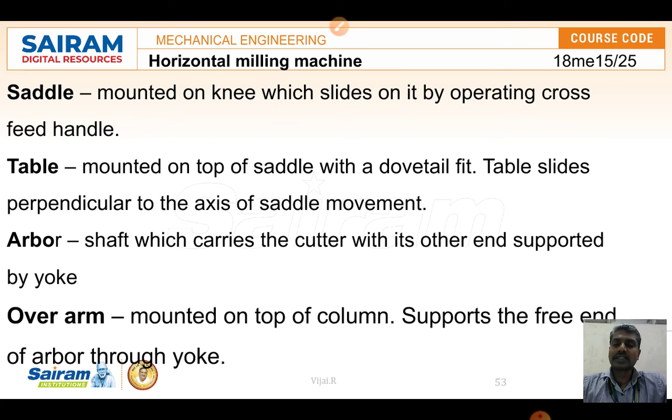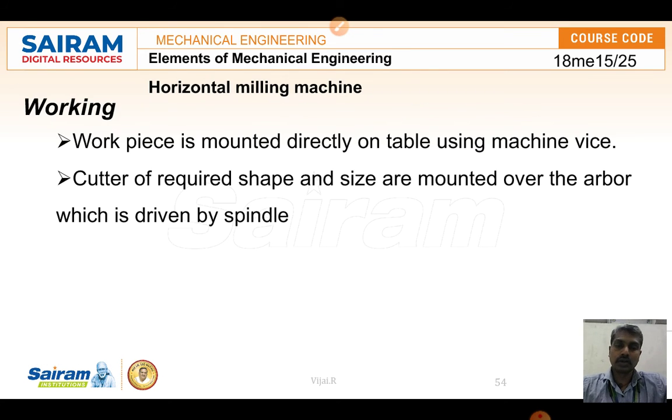The shaft which carries the cutter we call the arbor, and one end of the arbor is supported by another part called the yoke. The overarm, mounted on top of the column, supports the free end of the arbor through the yoke.